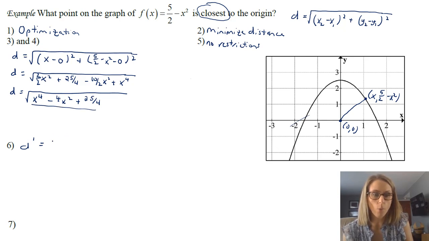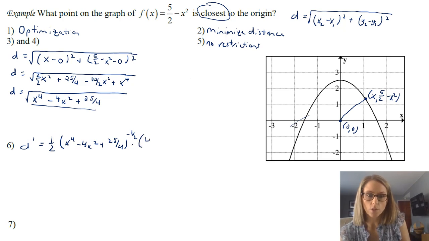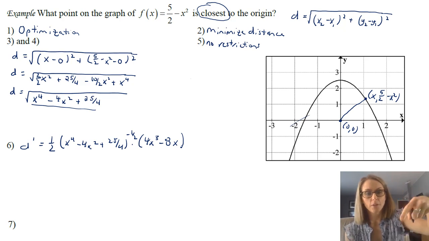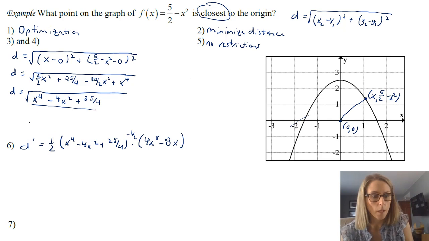So the derivative is going to be 1/2 times that inside piece, and this is what's always going to happen, x to the 4th minus 4x squared plus 25/4, to the negative 1/2, and then we're multiplying that by the derivative of the inside, which is 4x cubed minus 8x, and then really, that's it, because the derivative of 25/4 is not there, it's constant.